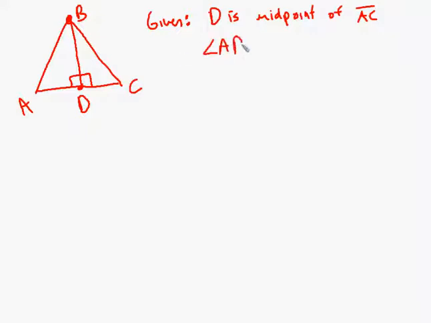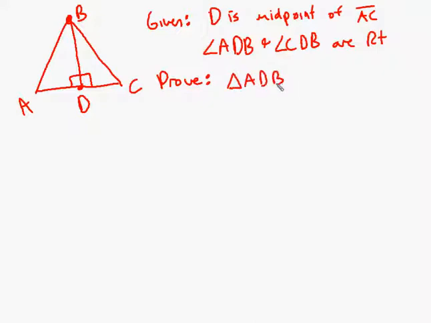Angle ADB and angle CDB are right. Prove triangle ADB is congruent to triangle CDB.